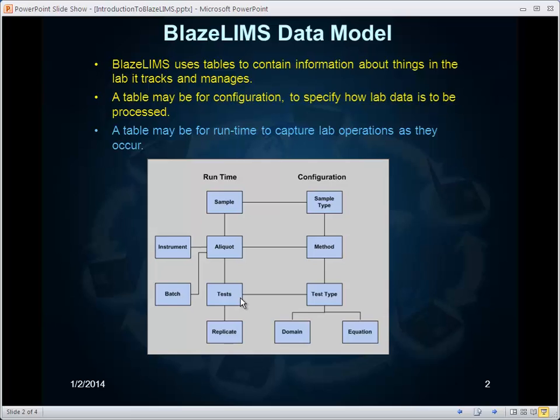Information about how to process each value, for example rounding, units of measure, and so on, is defined in a corresponding row in a test type configuration table, possibly along with an equation defining how the result is to be calculated, or a domain constraining the results to predefined values. In addition, some methods produce multiple values for each result, which are stored in a replicates table and used to calculate the final result value.